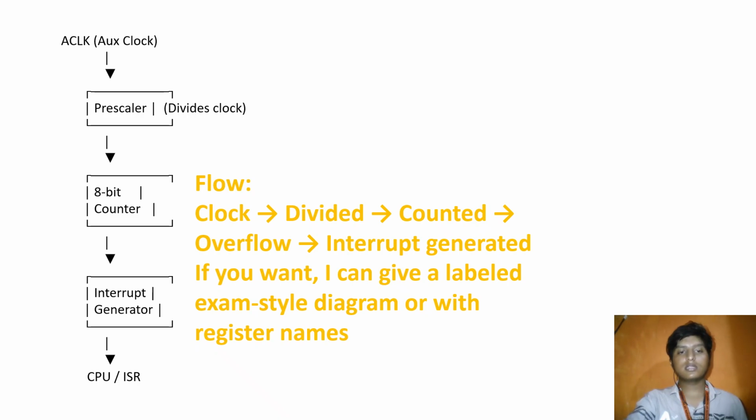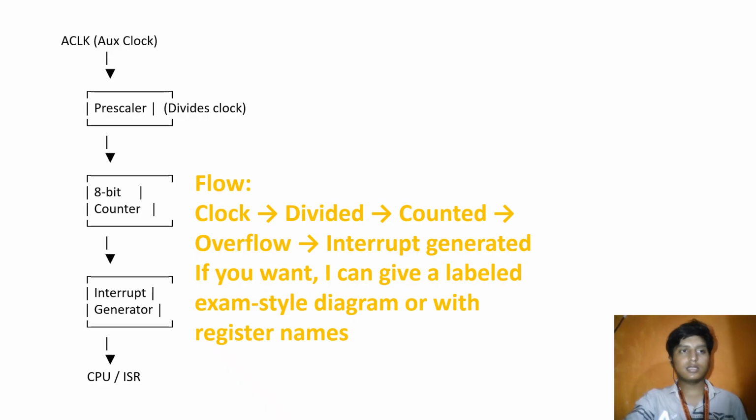You can see the clock flow diagram of timer A: clock divide, counted, and overflow interrupt generated.